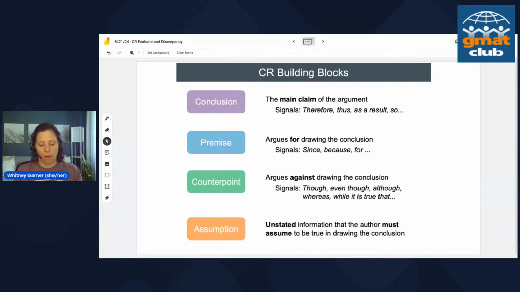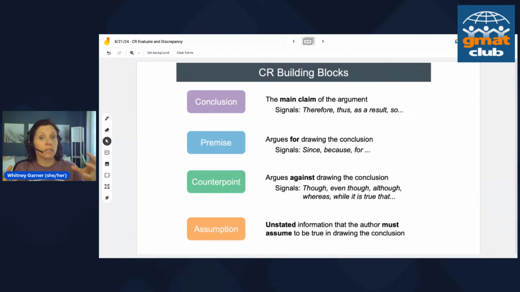Let me give you an example. If I try to build an argument for you that says, all dogs love peanut butter, all of them, all dogs love peanut butter. Therefore, Maddie loves peanut butter. I have clearly made an assumption. All dogs love peanut butter. Therefore, this thing called Maddie loves peanut butter.